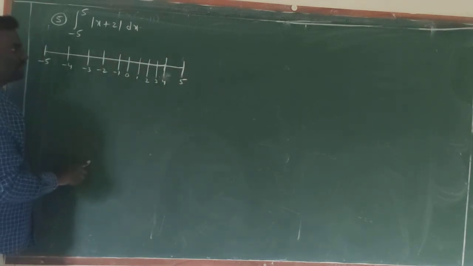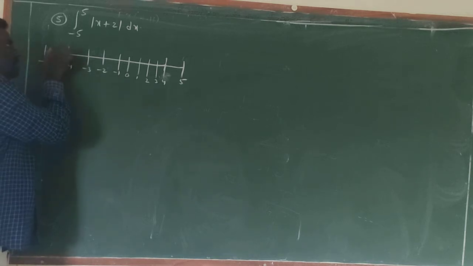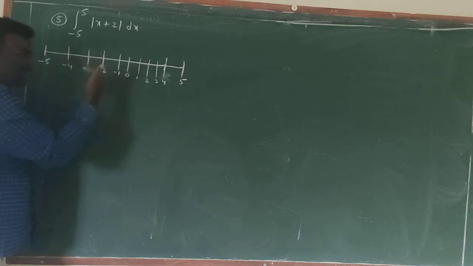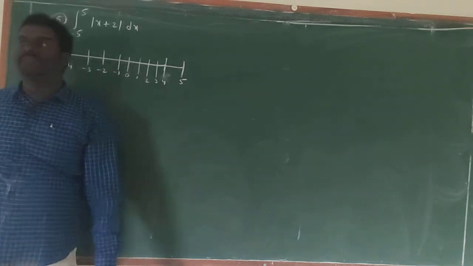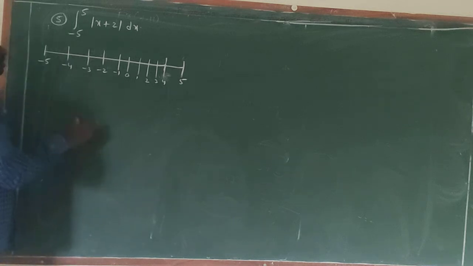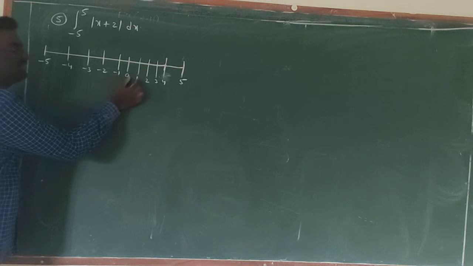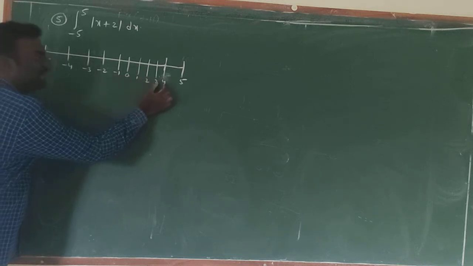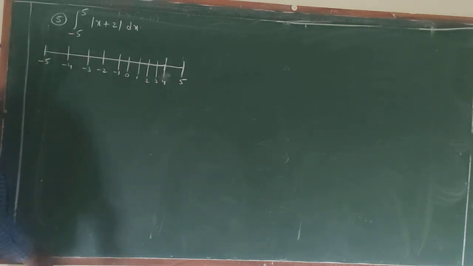Actually, what is the process? We need to verify in this portion whether it is plus or minus, in this portion whether it is plus or minus. Like that you need to check for every interval. But here there are so many. We need to check for 1, 2, 3, 4, 5, 6, 7, 8, 9, 10. That's why it is very difficult to check for 10 intervals.